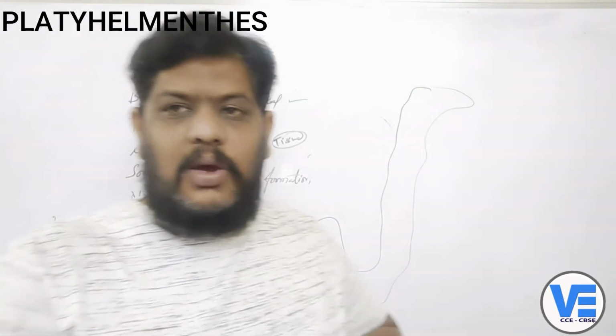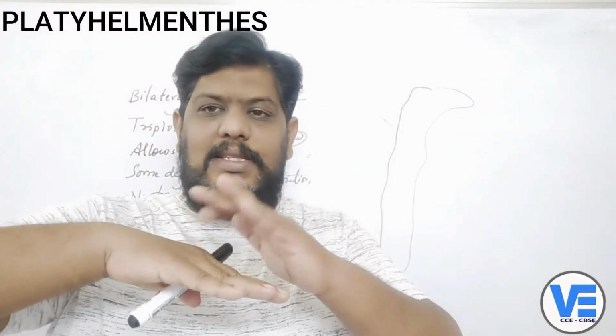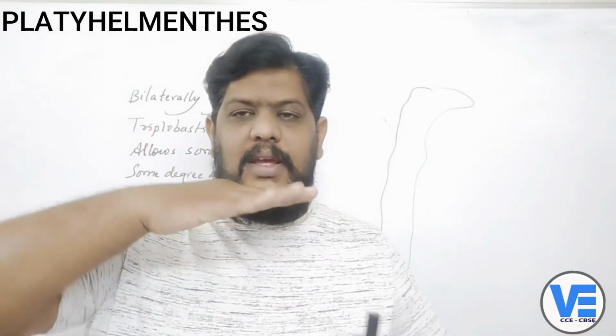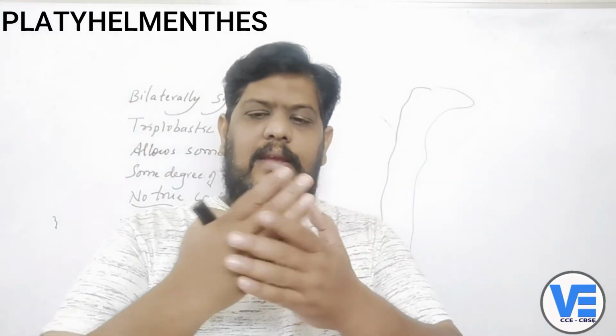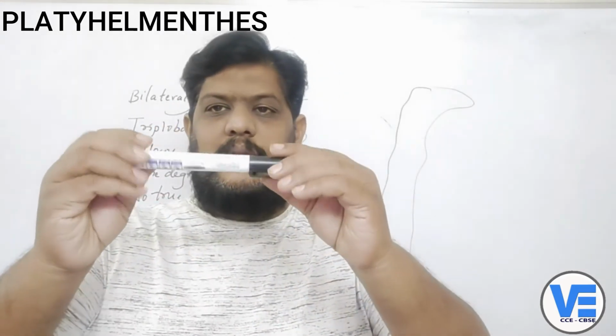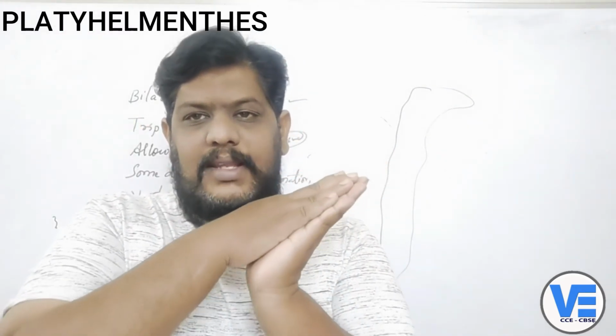For example, if you take an organism here, this is the dorsal side. The dark is dorsal and this white side is ventral. Dorsally and ventrally they are not round in shape, but they are flattened like a paper, like this. They are all flattened.